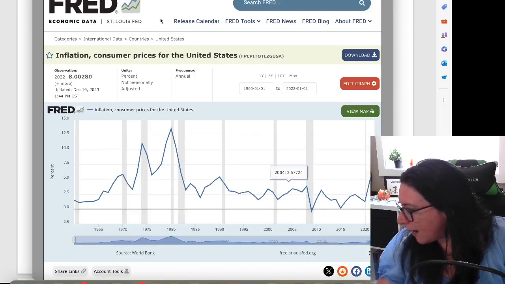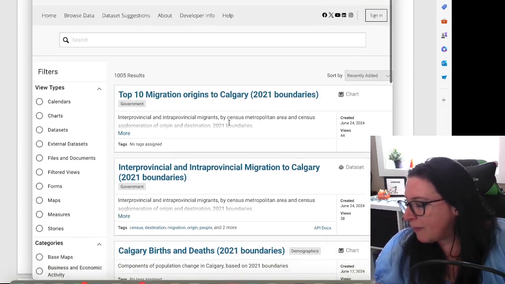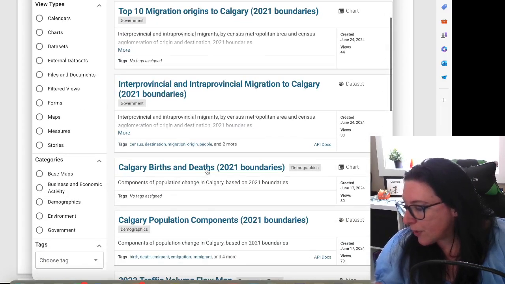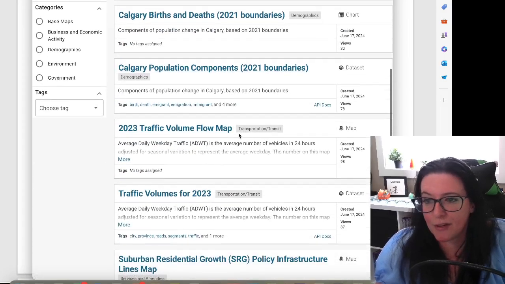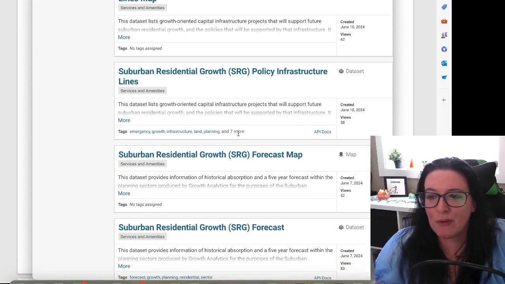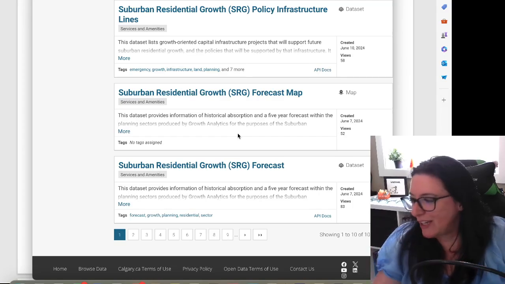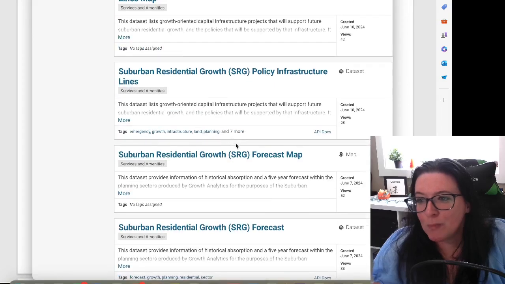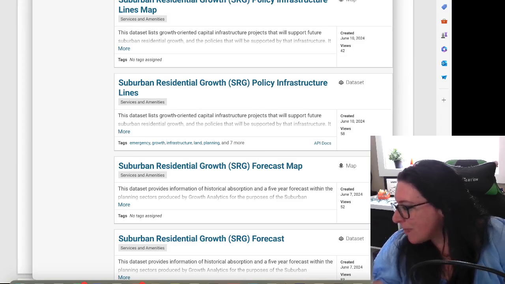For example, if you go to Open Calgary, you can find information that the city of Calgary collects: births and deaths, information about interprovincial migration, traffic flow, all kinds of information. You'll find a similar website for Edmonton and for Red Deer, and all of this information is publicly available, which means if I have a research question related to residential growth, I could pull this data and analyze it for my own purposes.